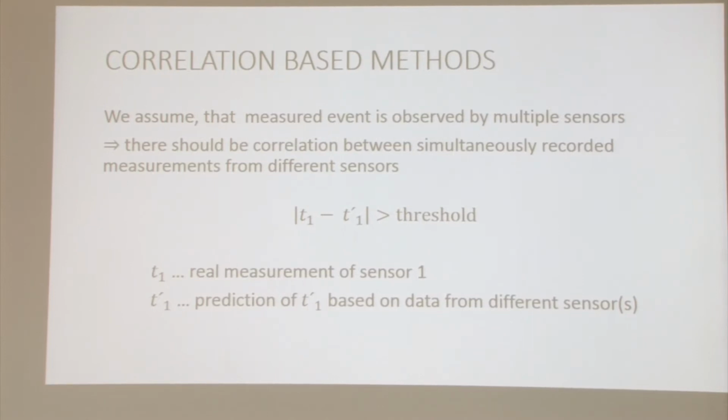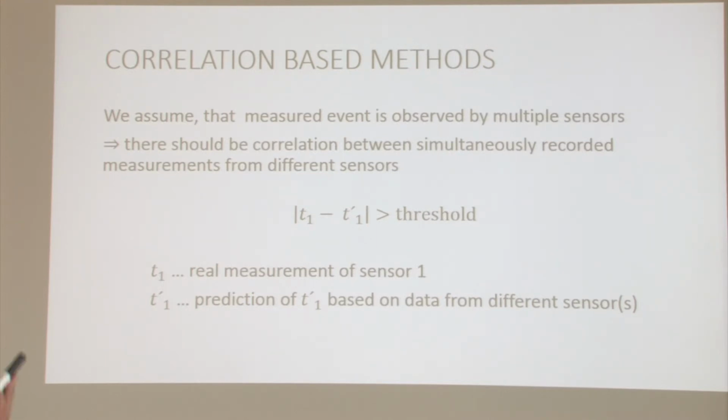This gives us the ability to create a prediction based on the data from different sensors and compare it with our measurement from the examined sensor. And if the difference is again higher than some set threshold, we can mark the measurement as probably faulty or interesting.